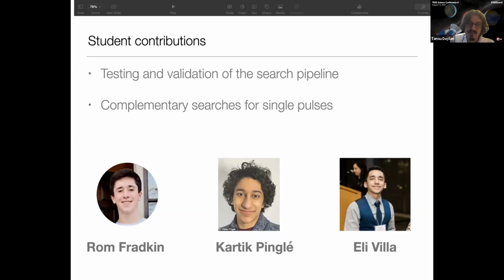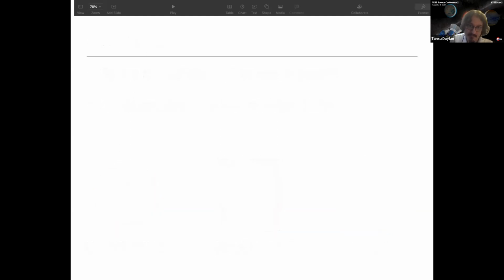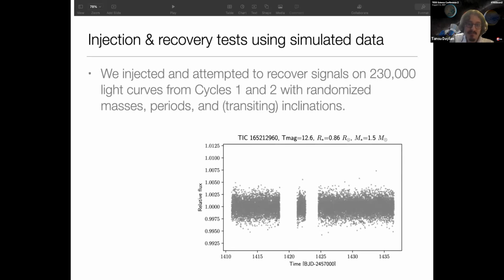Ram and Eli are looking into complementary searches for single transits, and Kartik has been doing testing and validation of the pipeline. And we have started first doing injection recovery tests on all cycle 1 and 2 targets with randomized black hole masses, periods, and transiting inclinations.